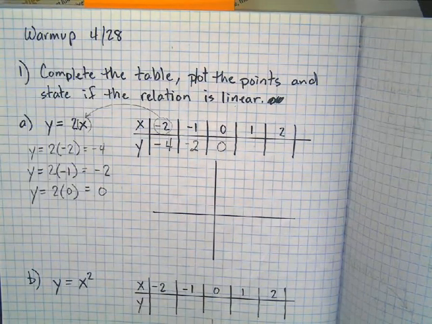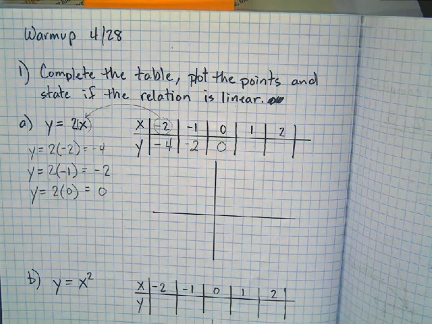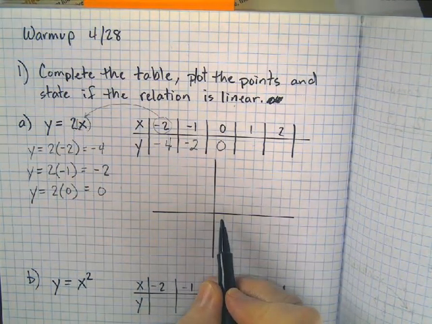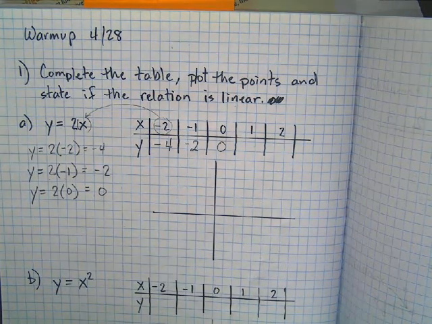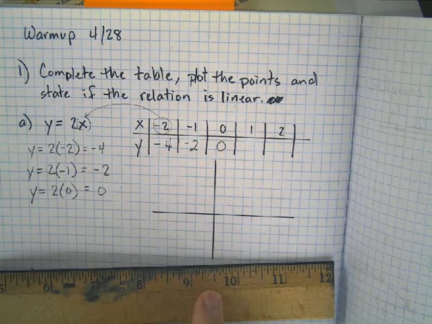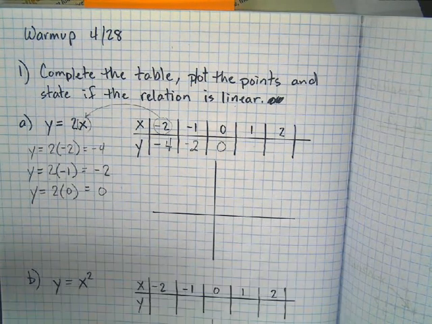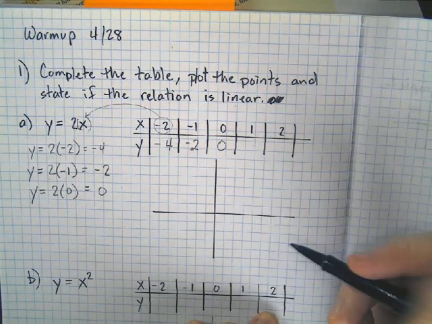Okay, this is so important. So many of you are not doing this correctly. You need to use the lines on your graph paper. If you don't have graph paper, use a ruler to make sure that the spaces between your lines are consistent. They're always the same.